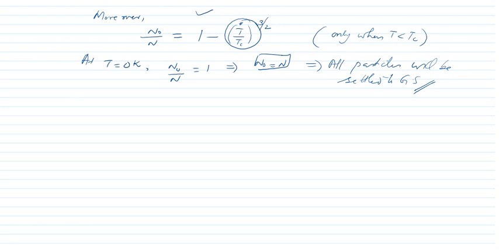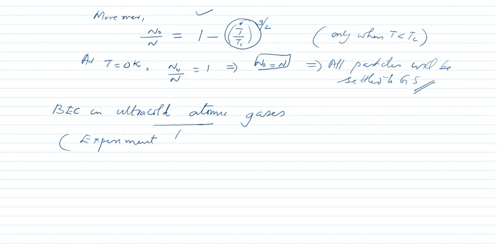And I think I already mentioned in some other video that please refer to a topic, Bose-Einstein condensation in ultra cold atomic gases. So this is about the experiment which led to the discovery of Bose-Einstein condensation.